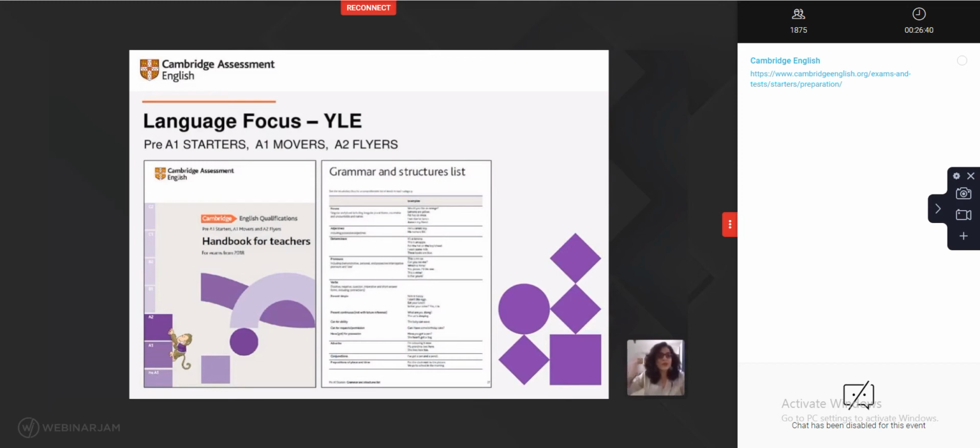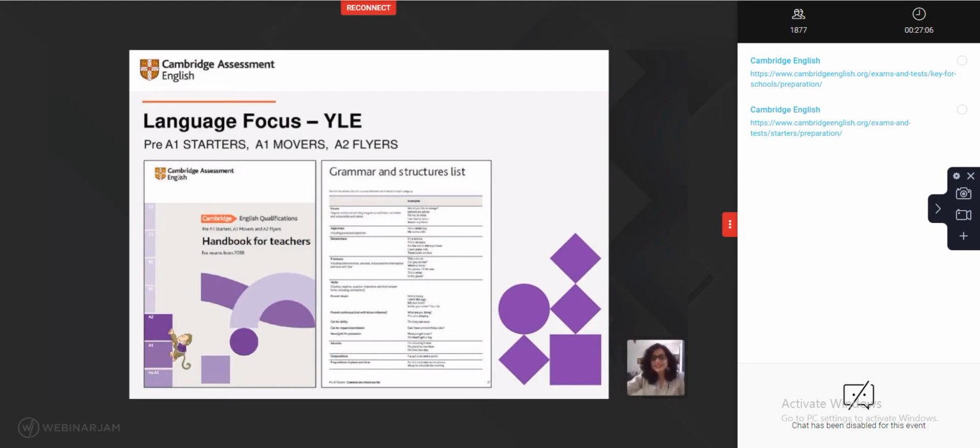Now, in front of you, you will see the handbook for teachers, and there is a certain page, the screenshot of which is visible on the slide. Now, this is what I meant by language focus. Now, for every exam of Cambridge, you have a grammar and structures list, which is primarily the language focus for that particular exam.